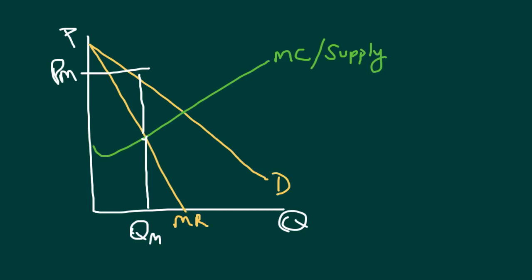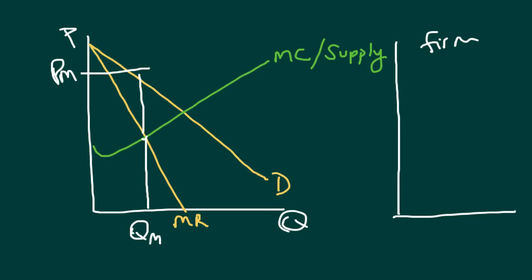Now we want to think about what if, and this is where it gets kind of weird, what if this was an industry that was actually being served by hundreds and hundreds of perfectly competitive firms? So if this picture we have here is the market supply, we can imagine that there are perfectly competitive firms going on over here.